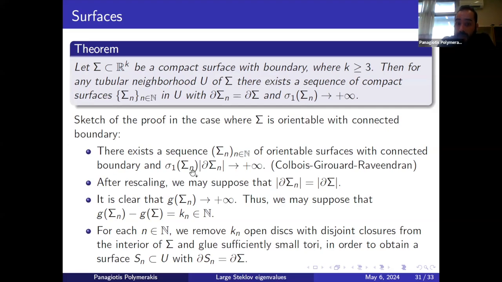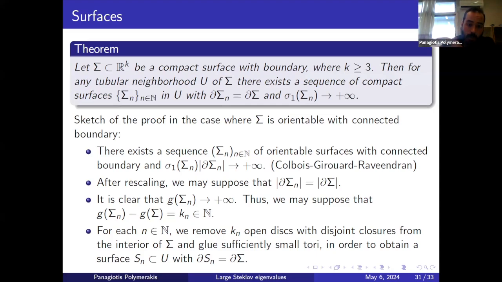Okay, now since the first eigenvalue of sigma n goes to infinity, we know that the genus of sigma n also goes to infinity. Therefore, after passing to a subsequence if necessary, the genus of sigma n is greater than the genus of the surface that we have inside the Euclidean space. Okay, so let's suppose that the difference, the genus of sigma n minus the genus of sigma, is some natural number kn.